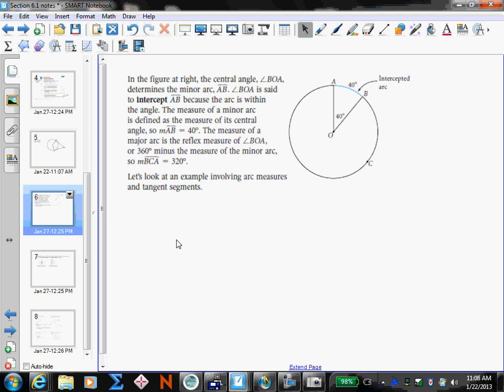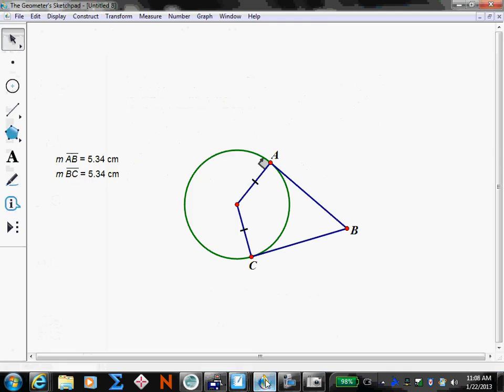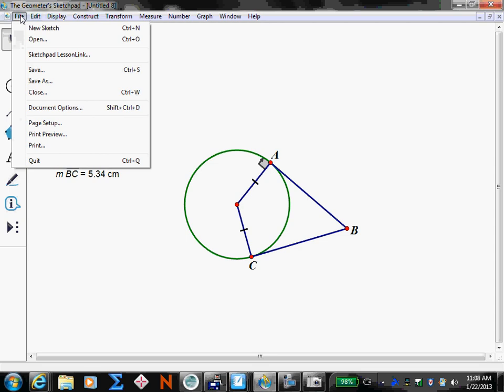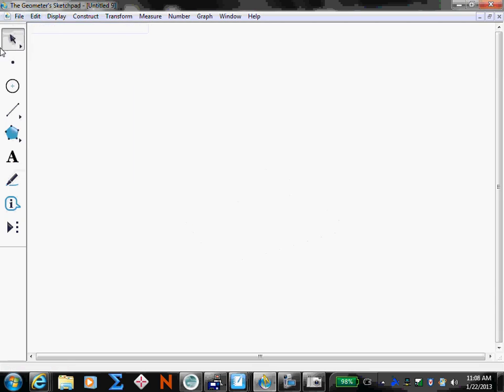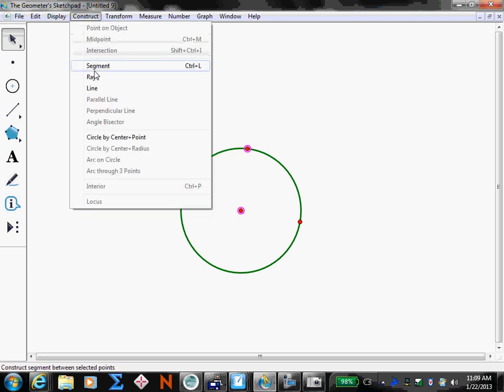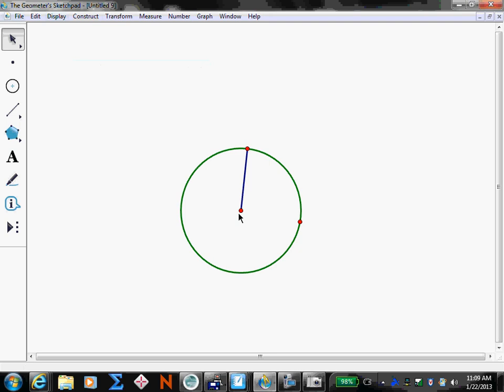Okay, so let's go into Sketchpad and do our own picture that will show us the same thing. So I'm going to construct a circle. I'm going to put another point on the circle, and then I am going to make segments to form an angle.